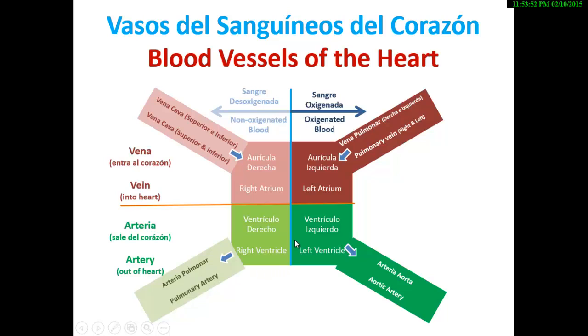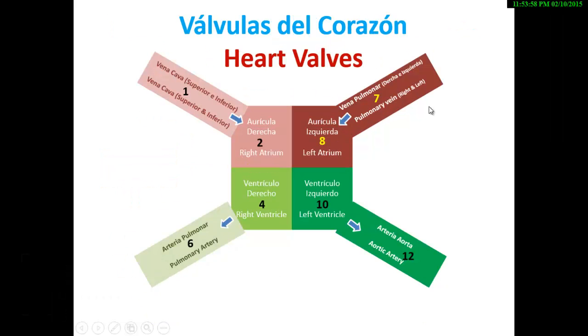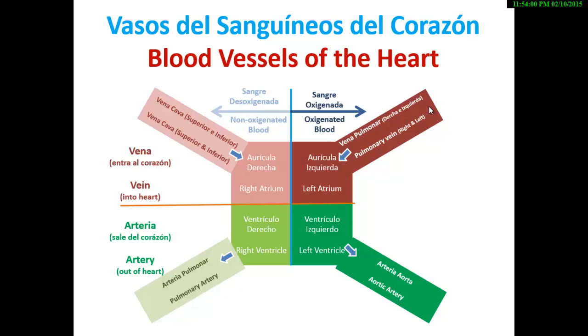Then that blood comes back through the pulmonary veins. There's a right and left, just as you have a right and left lung. These right and left veins come into the left atrium. Those are very simple to remember because they have to do with lungs.